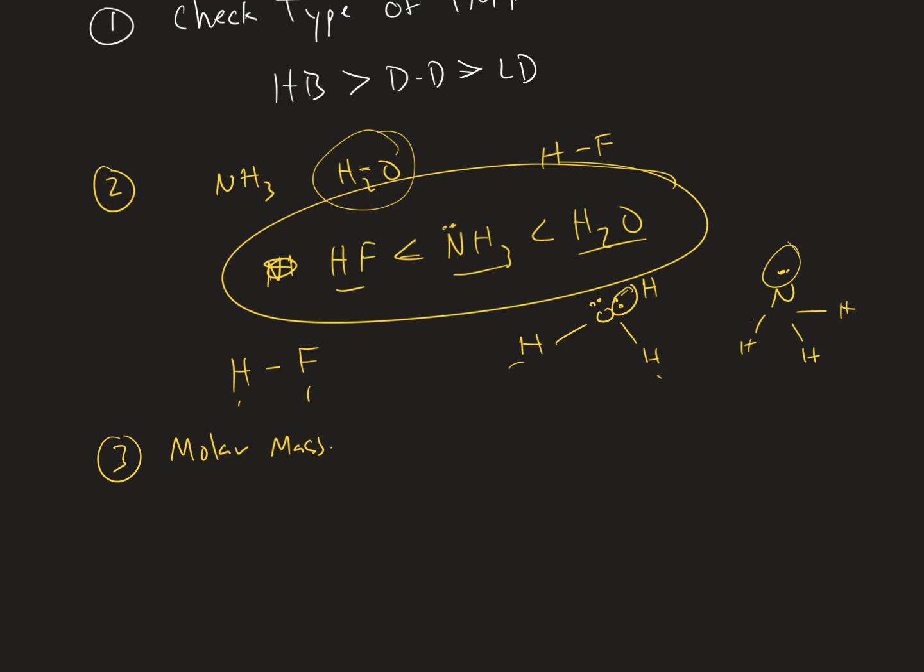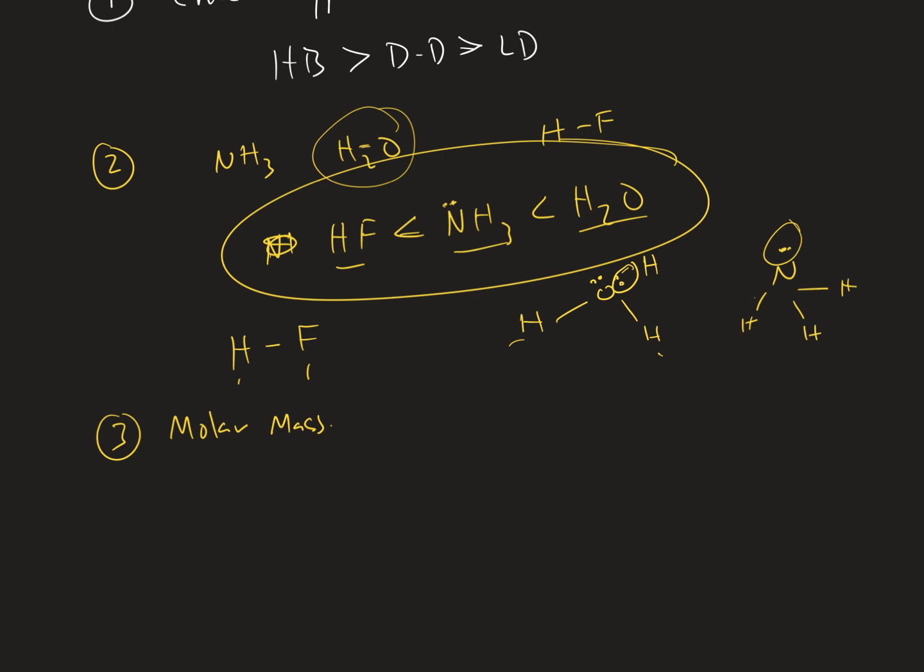So if it was just dipole, we don't have to worry about the amount of bonds, it would just be whatever's heavier. For the most part, yeah. So increasing molar mass increases the property.